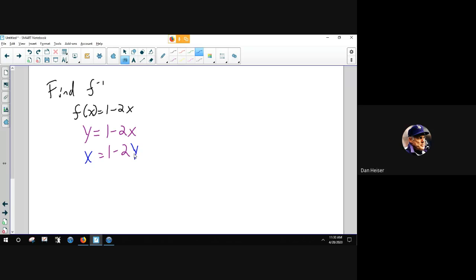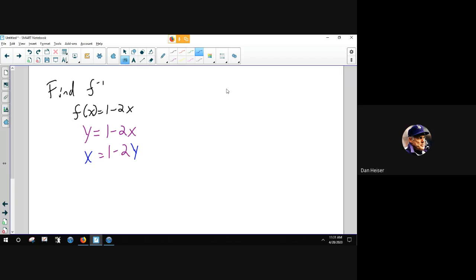So, once we switch x and y, we do whatever operations we have to do in order to get y alone. And of course, yes, you need to follow the correct order of operations. You need to still do the algebra correctly. You need to do things in the correct order. Now we're just solving for y all over again.